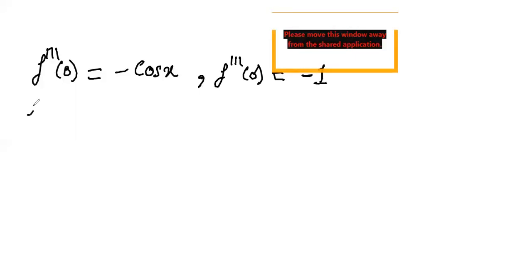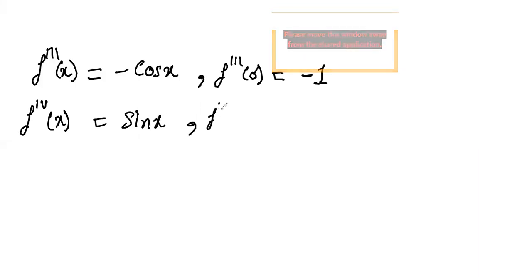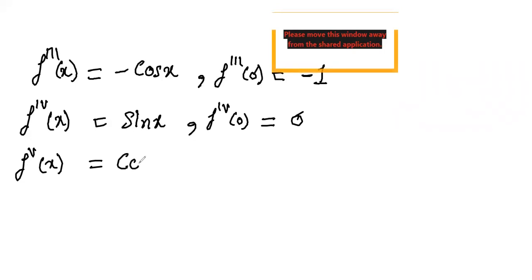Okay, f fourth differentiation, f fourth x is now plus sin x. So for the fourth differentiation, the value of the function at 0 is 0. Any mistake?